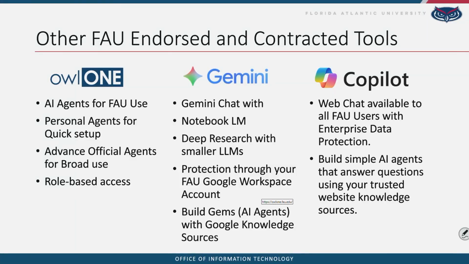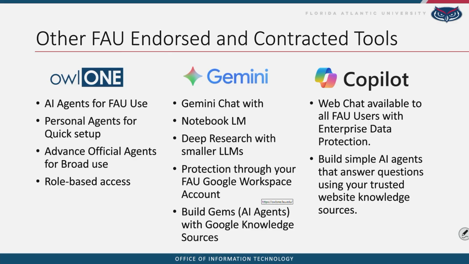It also has a deep research feature, similar and probably not as powerful as the one that you have to pay a lot of money for with ChatGPT, but we do have that available. And also Copilot has the same thing. You could use it there for a lot of chats to do broad searches, research. Both of these also have their own version of an AI builder as well, but they're very small and restrictive, not as robust as owlONE.